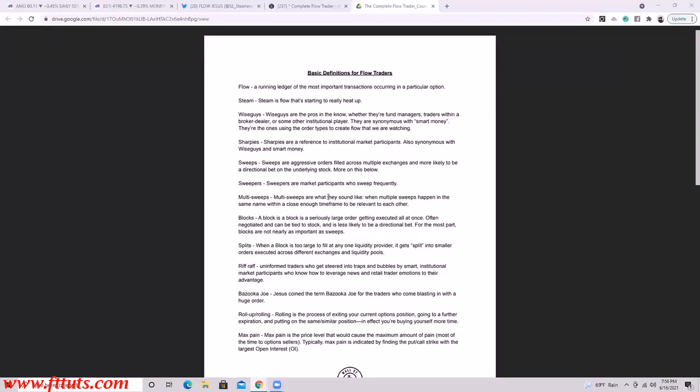All right. So to sum up, the intro into the positioning, right? So you guys get a clearer understanding. You want to focus your attention on sweeper activity, okay?